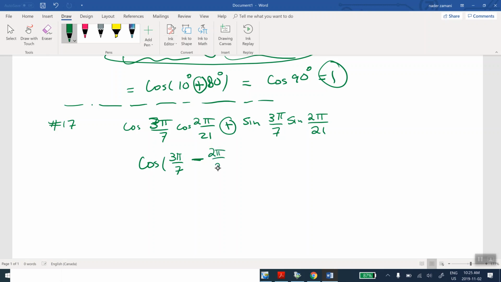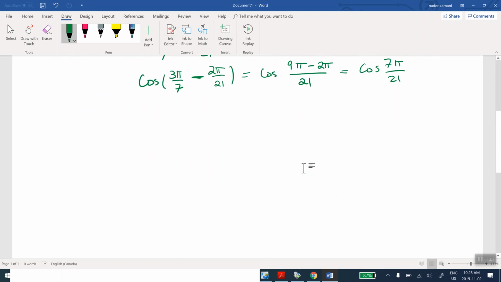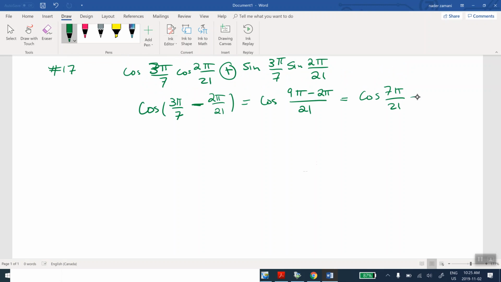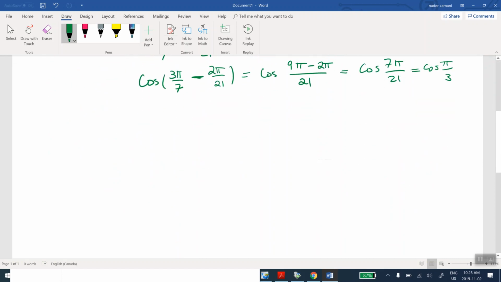Now I have to do a little bit of legwork here. The common denominator is 21, so it's 9 pi minus 2 pi. Is that right? Yeah. So this is cosine of 7 pi over 21, or cosine of pi over 3, and the answer should be 1/2. Okay, good.